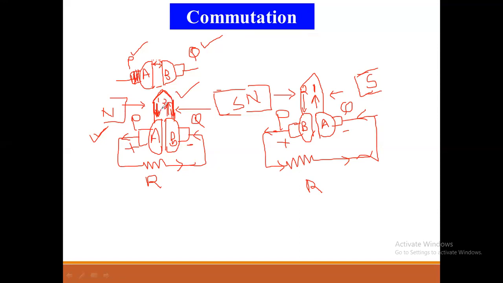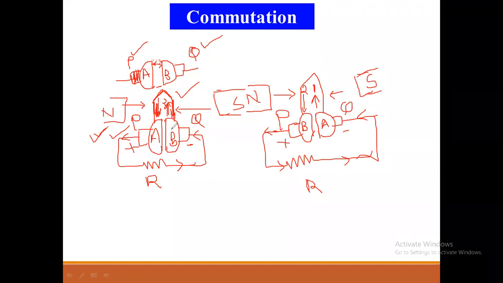Conductor 1 is here, conductor 2 is here; now conductor 2 is here and conductor 1 is here, because the position changed. In the first figure, when conductor 1 lies under the N pole, at that situation it carries current in the downward direction.